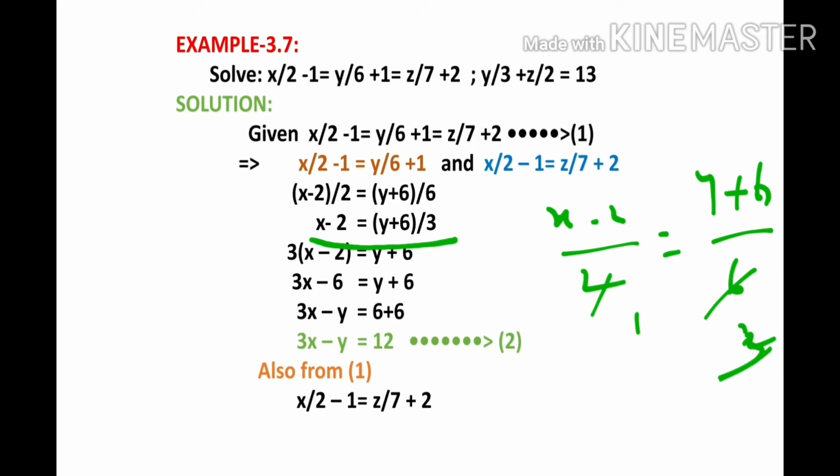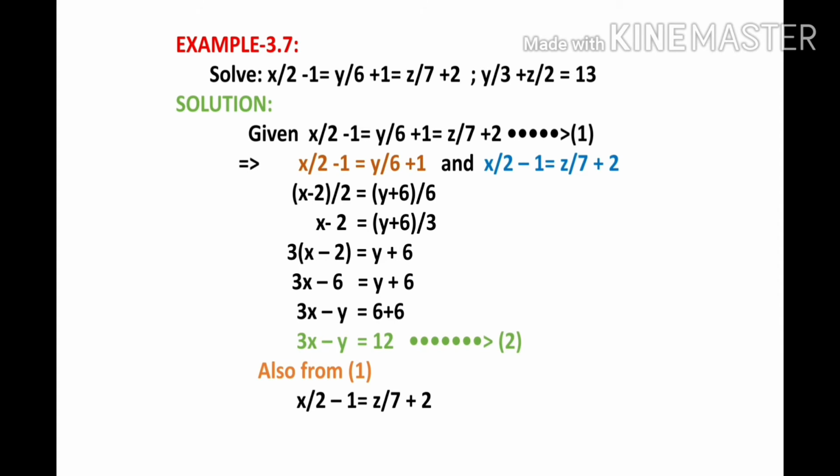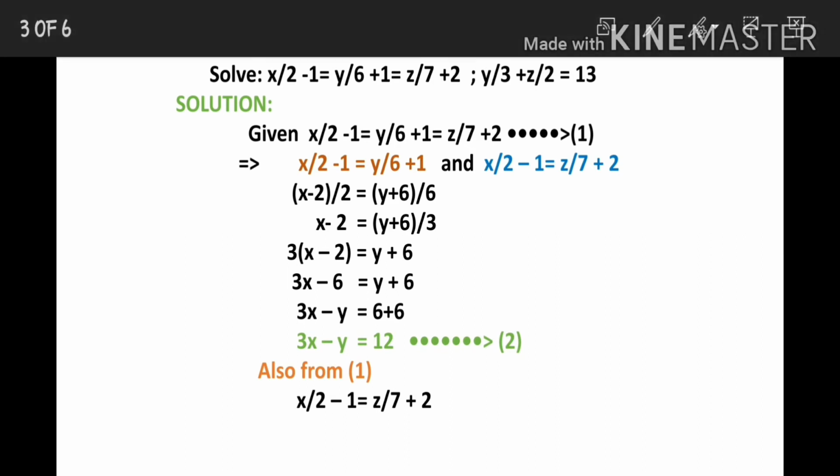So next, cross multiplying this. Cross multiplying this, what happens? We get x minus 2 is equal to (y plus 6) by 3.